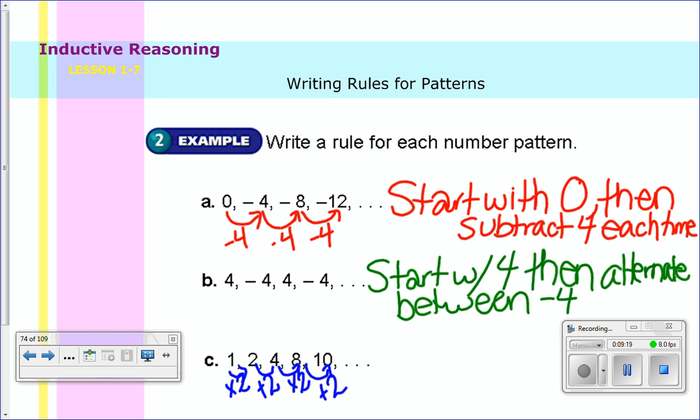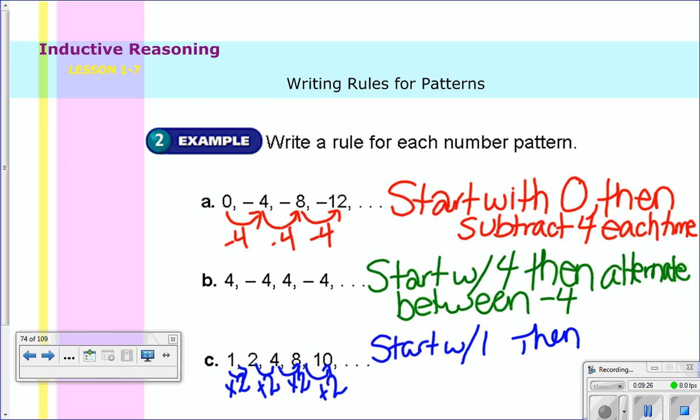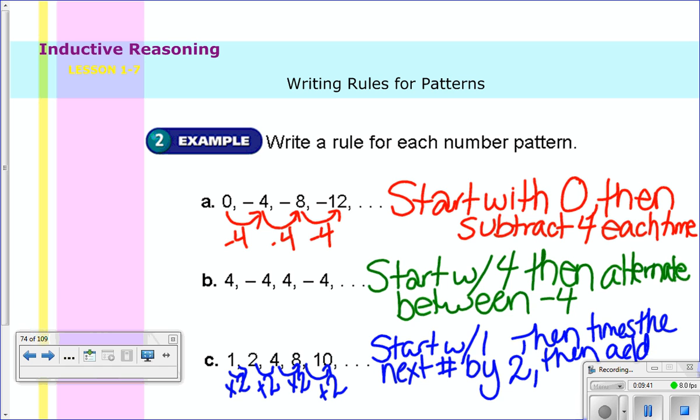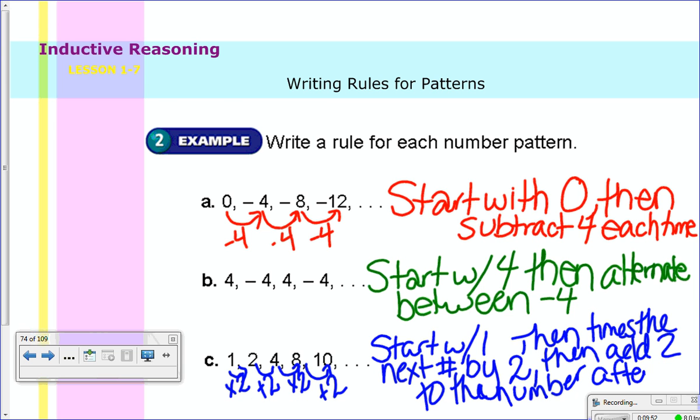So here, you start with 1, then times the next number by 2, then add 2 to the number after. And I'm running out of space. There we go. And maybe alternate.